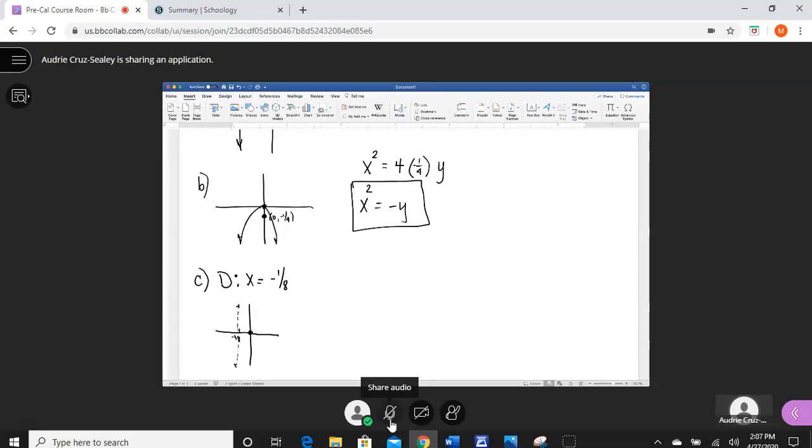If your vertex is at the origin, that means at +1/8 you have your focus, and you're opening this way. So then I have y squared equals 4 times, and we open to the right, so I know this is +1/8 times x. Do we agree with that?